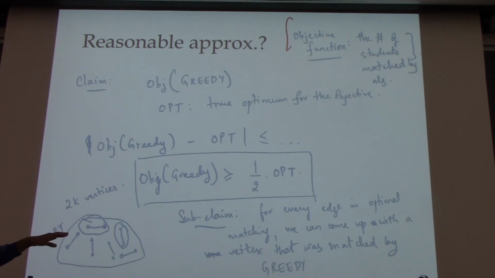So even though the claim may look innocuous, it's intricate to actually come up with it. This is the claim we want to show. Once you know the claim, this is actually somewhat easy to prove. So I'll see if you guys can come up with a proof for this.